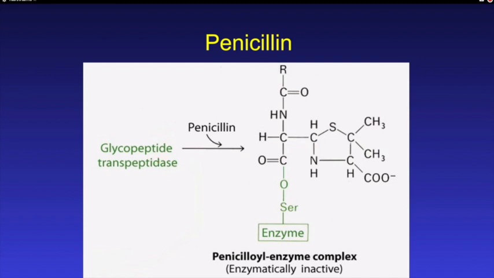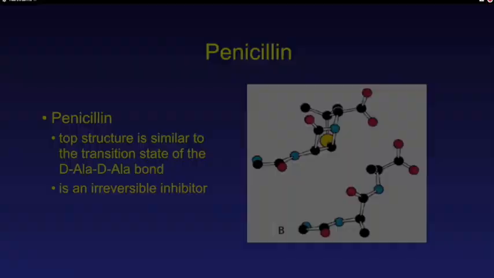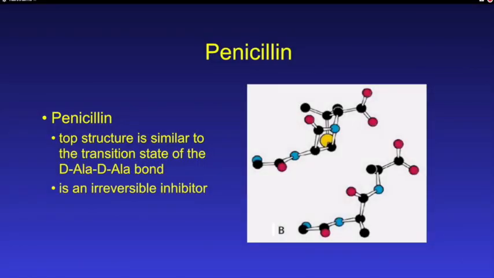Well, why in the world would penicillin bind into the transpeptidase? It's supposed to bind two D-alanines. That's the substrate. Well, take a look. Here's two D-alanines. If you take a look at this, right here and right here, right there and right there, this atom and that atom, this atom and this atom, this atom and that atom, this atom and this atom.